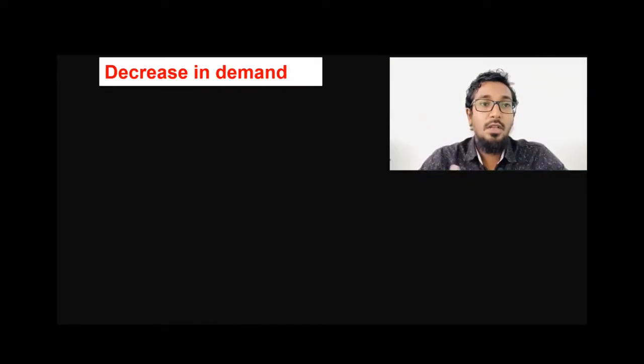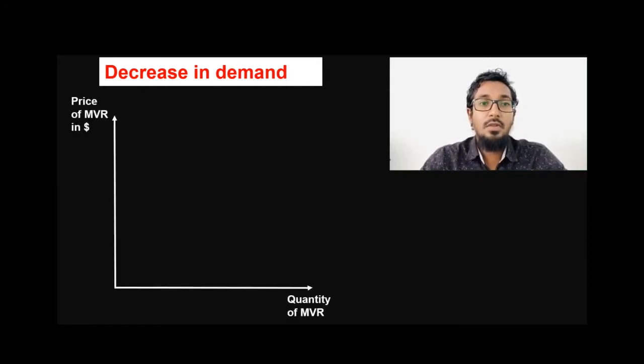Let me show the decrease in demand using a demand supply diagram as well. So here's the diagram. On the vertical axis you write the price of one currency in terms of another currency. On the horizontal axis you write the quantity. So in this situation, on the vertical axis I write the price of MVR in dollars, and on the horizontal axis the quantity of MVR.